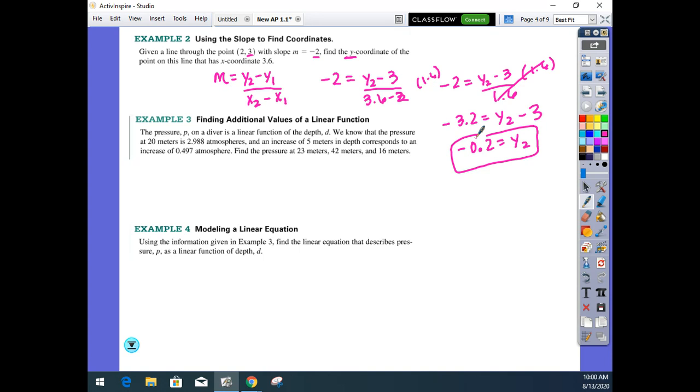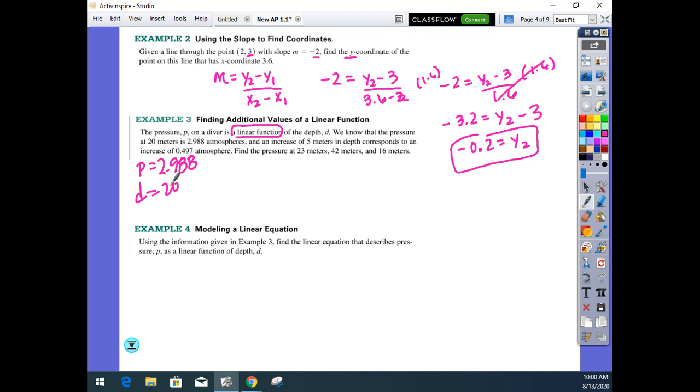All right, example 3. The pressure P on a diver is a linear function. That's important. We know the pressure is that, and the depth is 20. Sorry.